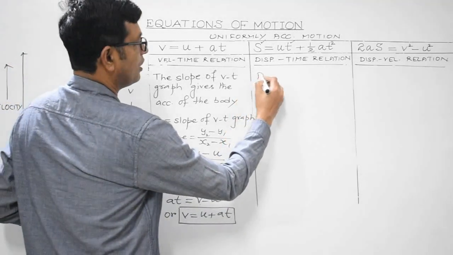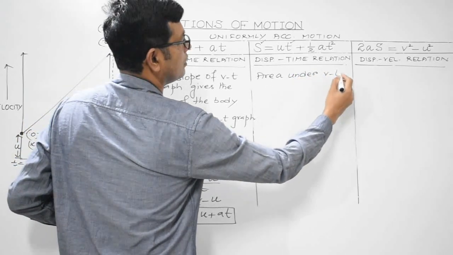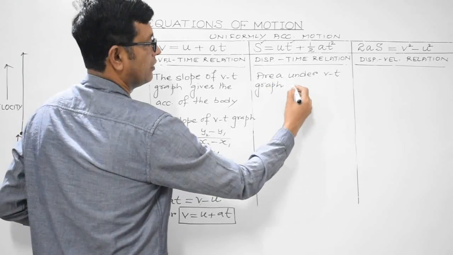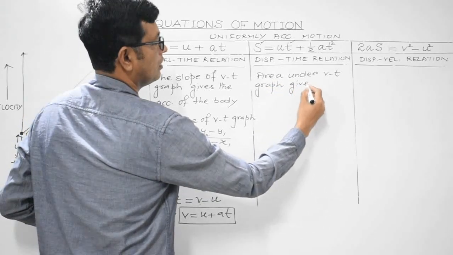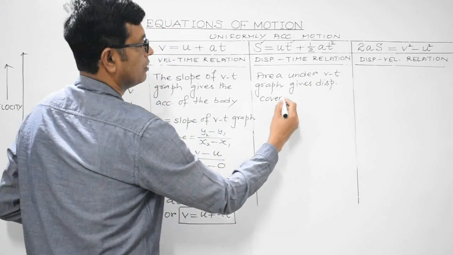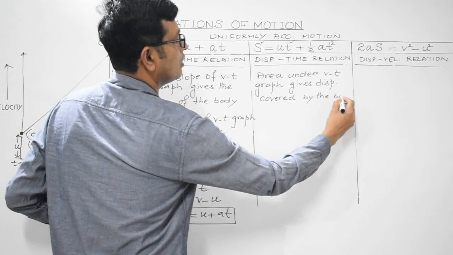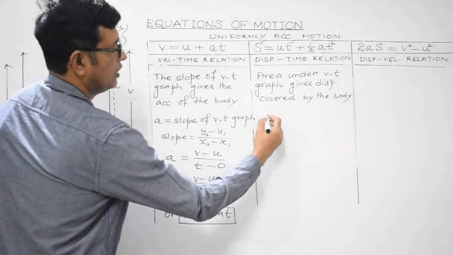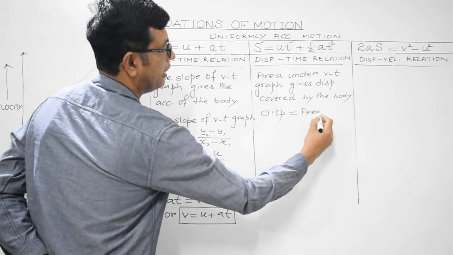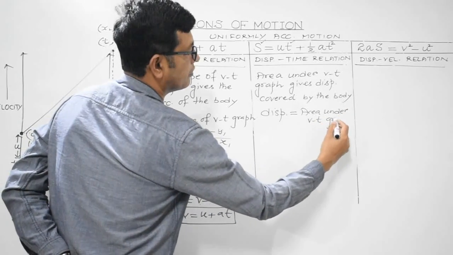So, displacement is equal to the area under the VT graph.